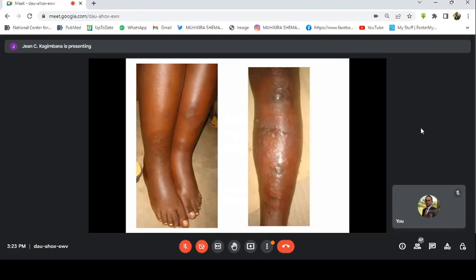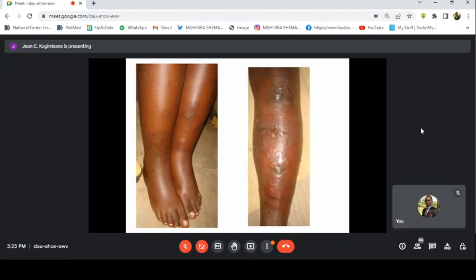Now, what do you think? Is it cellulitis or erysipelas? And tender.